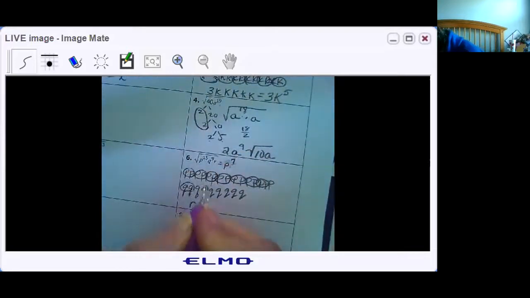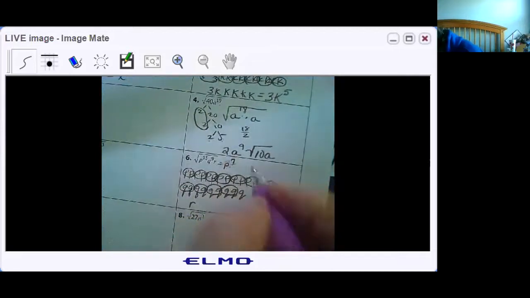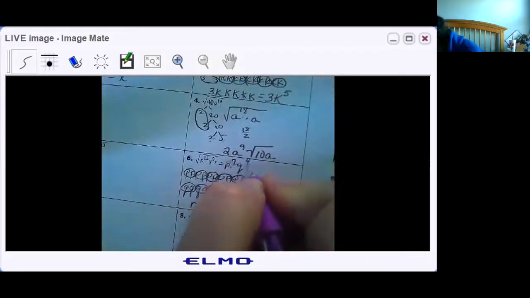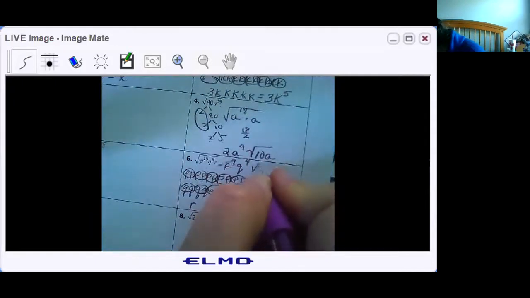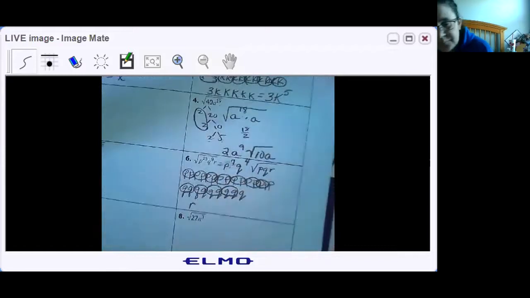One, 2, 3, 4 pairs of q's, and no pairs of r's. So anything that I didn't circle in finding my pairs becomes something that stays under the radical. So I have a p, a q, and an r left.